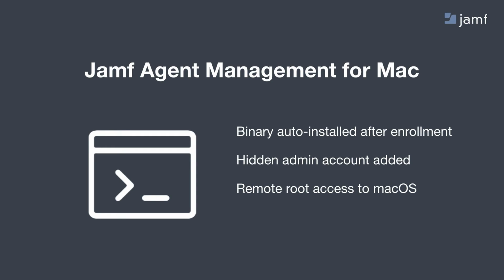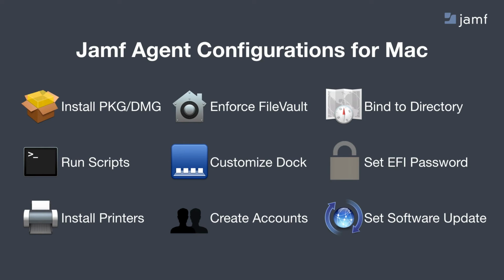That's really important. That means you have full admin rights over your machines, even though your local users wouldn't have admin rights. And that allows you to execute just about anything remotely, from scripts, software, executing various policies, and so much more. These are some examples of the different payloads, if you will, that are associated with the Jamf agent.